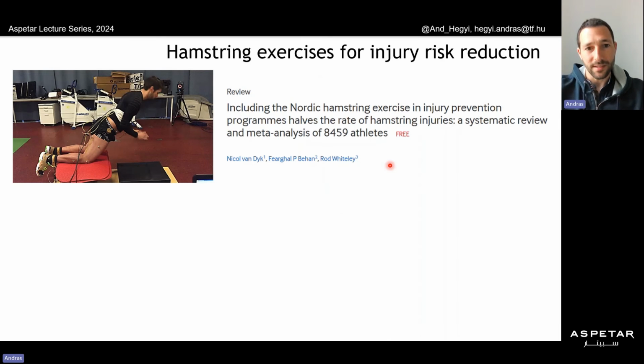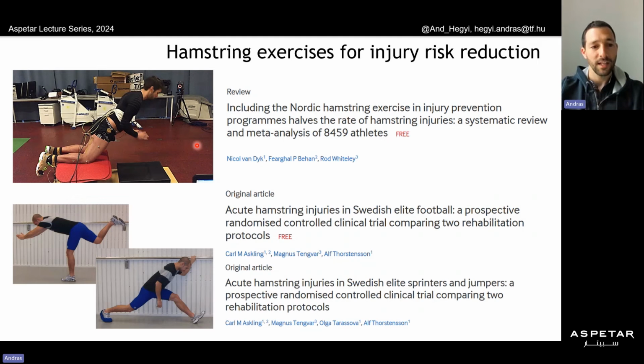So we have some exercise interventions which have been shown to reduce hamstring injuries. One example is the Nordic hamstring exercise. We have most of the studies on the Nordic hamstring exercise. And we have some studies, especially on the Askling protocol, where these are two different approaches, basically, because first we have relatively short muscle length, but we have a high load on the hamstrings, and here high activation.